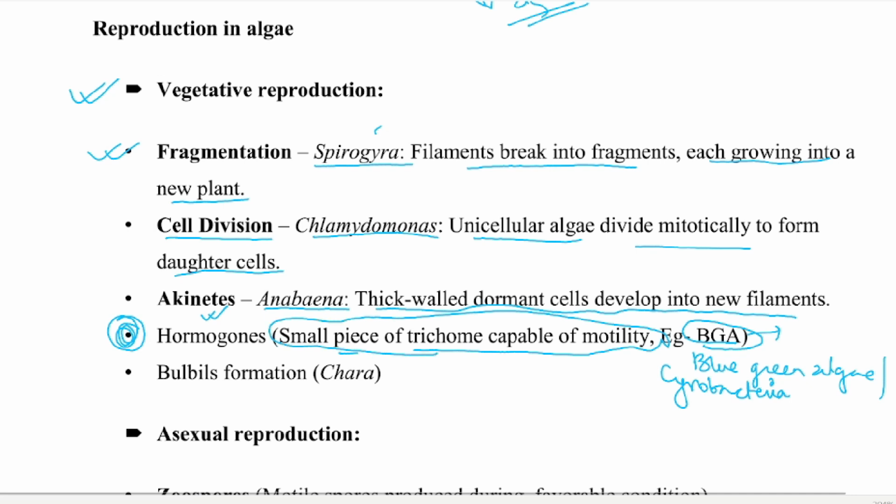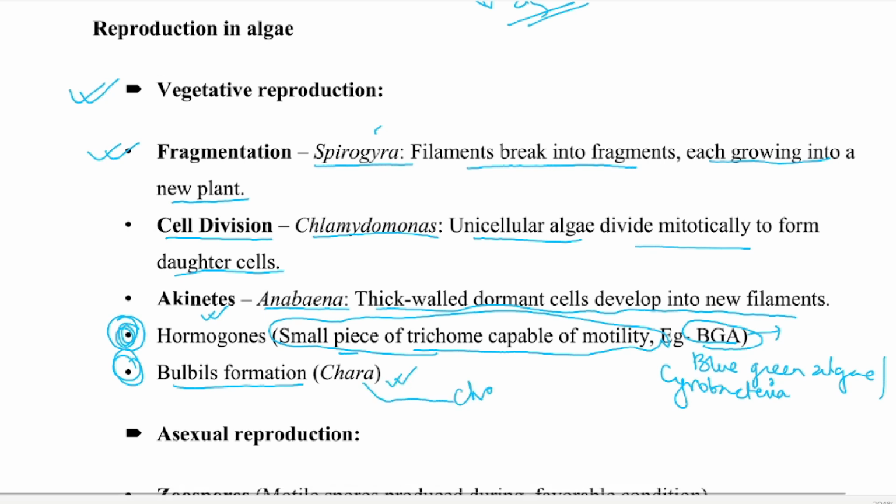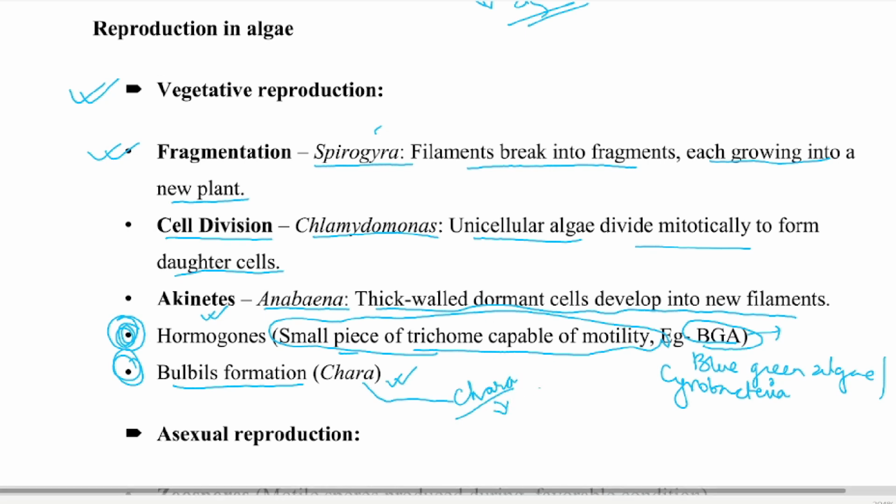That is the hormogonium. Another interesting objective question: which of the following has bulbil formation? The answer is Chara. With Chara, another thing to remember is the cell wall is made up of calcium carbonate.